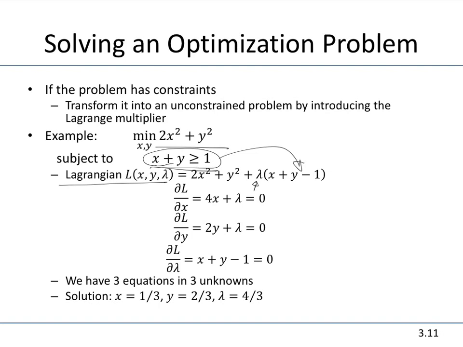If the original problem is convex, the Lagrangian solution will be a solution for the original problem. So the solution that you get from solving the Lagrangian will be the solution for the original problem. But the condition for this is that the original problem has to be convex. That's why the class of convex optimization is very important.